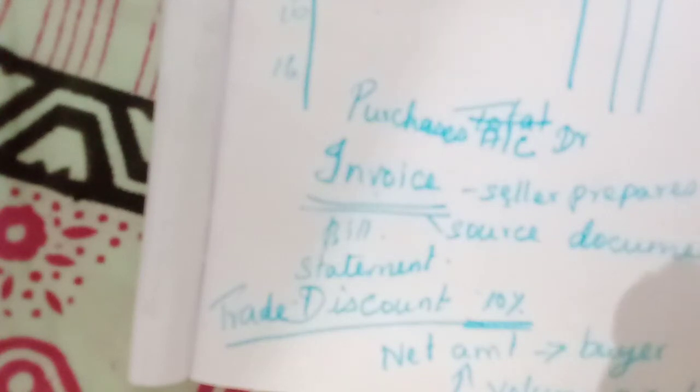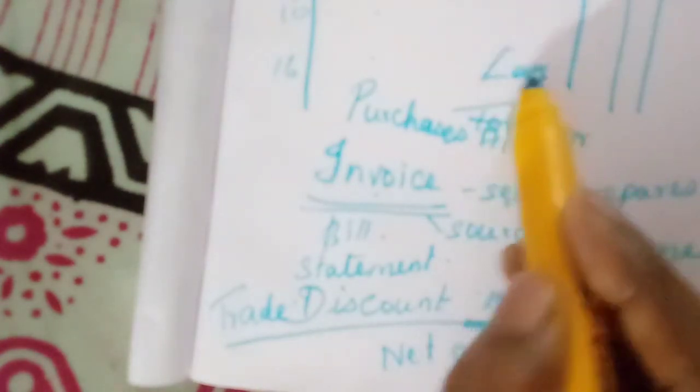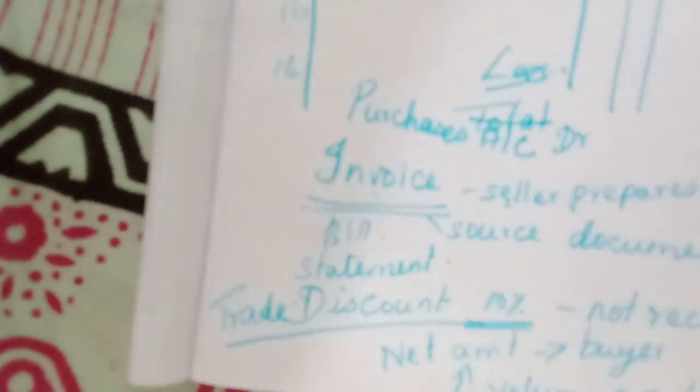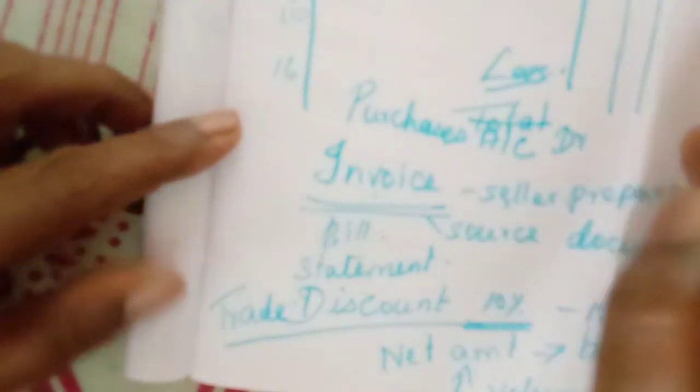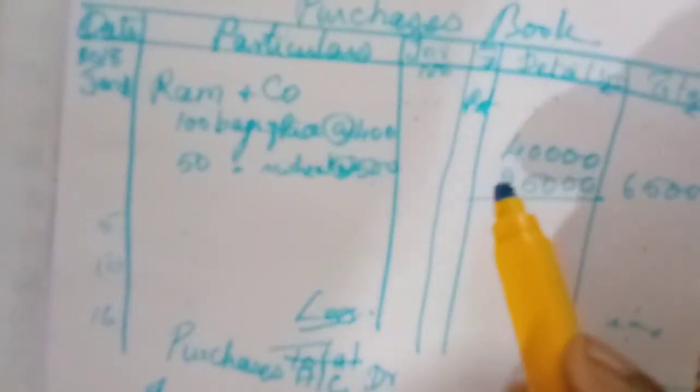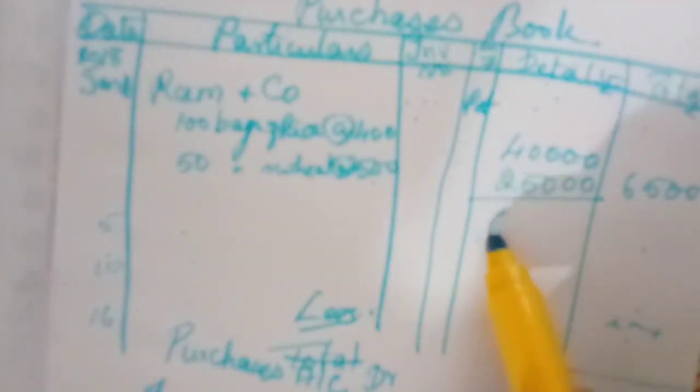Understand? So trade discount is not recorded in the books of accounts. Why? It is deducted from the price. Here, less trade discount, they will deduct and only the remaining net amount they will pay. For example, here 65,000 we have got, isn't it?